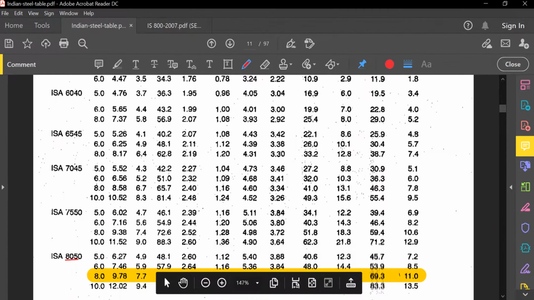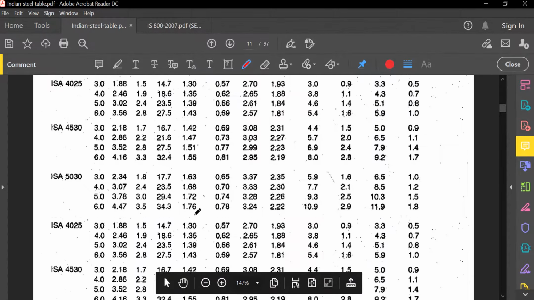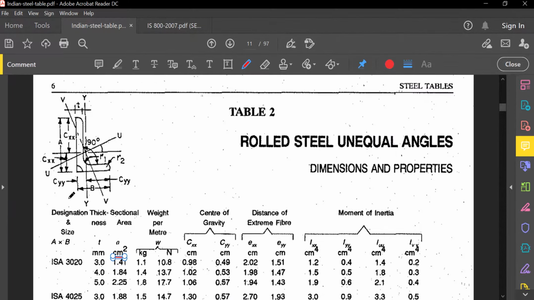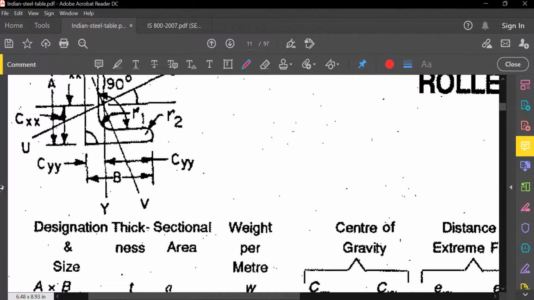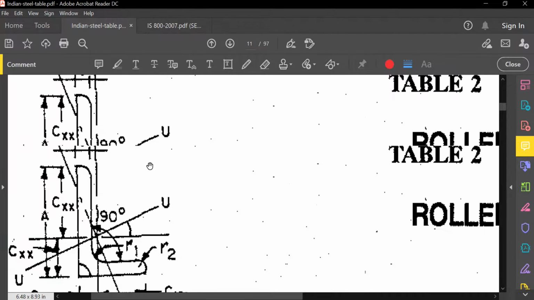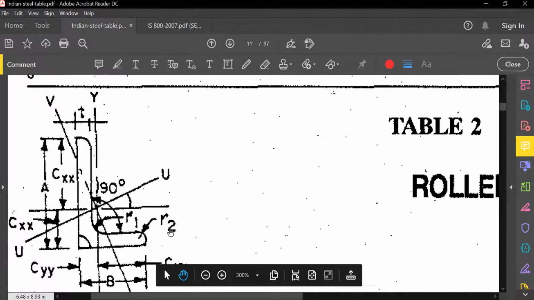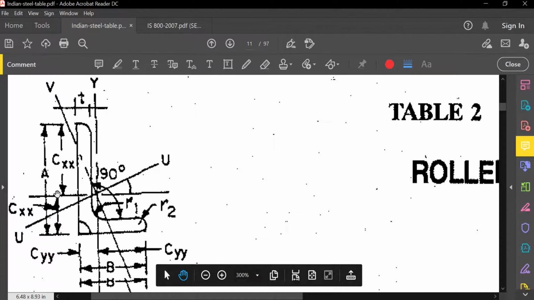See here, you can see, this is my unequal angle section. There is one term CXX, and there is one term CYY.